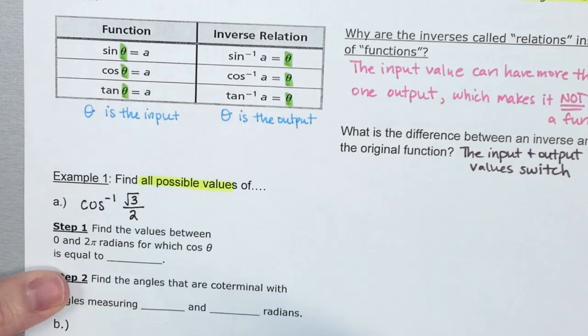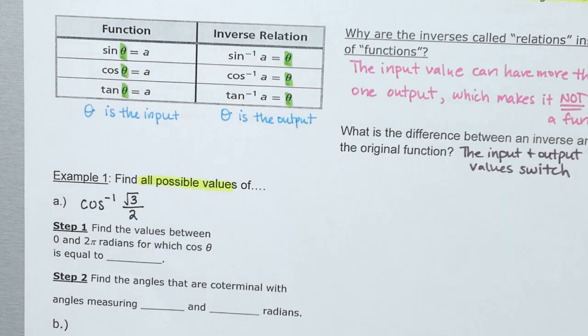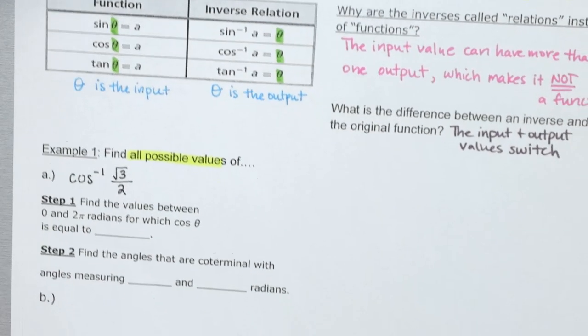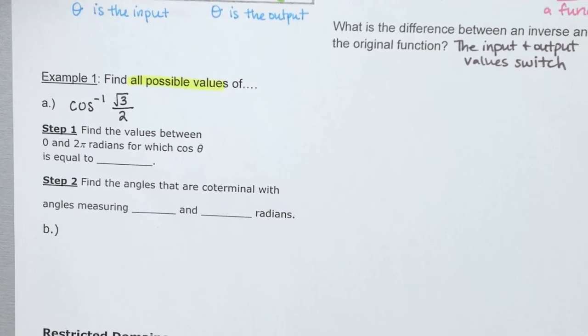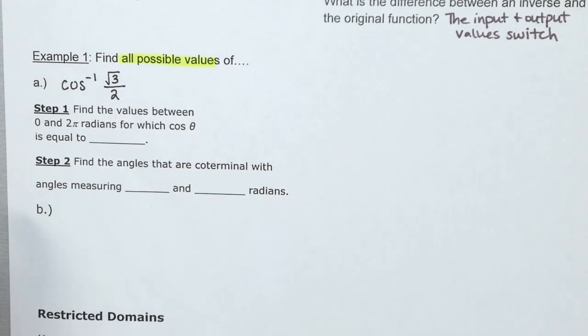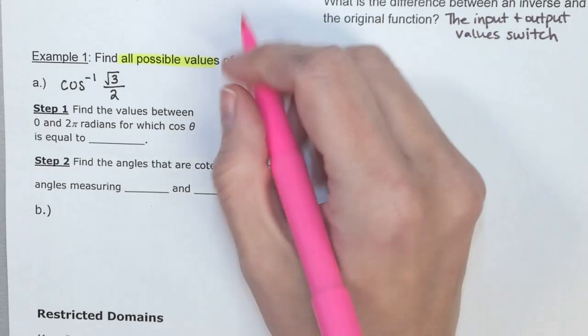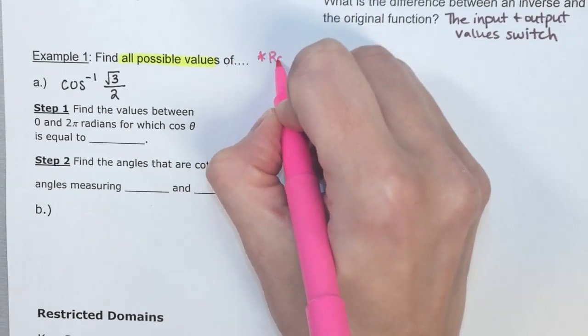And this is of √3/2. Cosine inverse of √3/2. Okay, so I wrote these down just to help you understand what you're looking for. When you are finding all the possible values, you are always going to find this in radians.